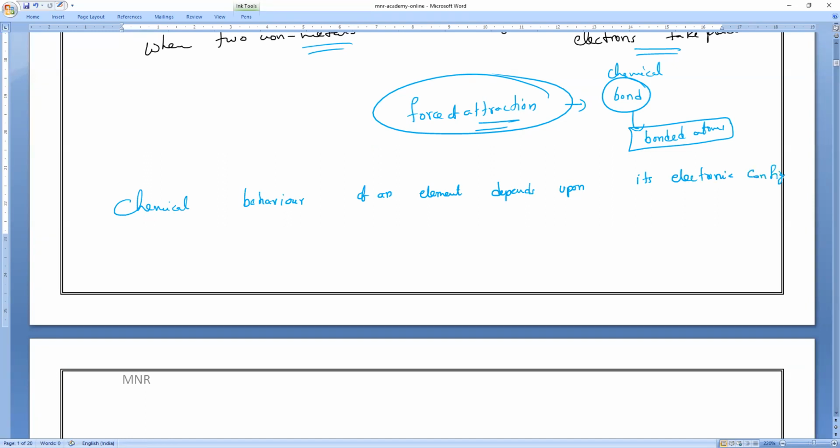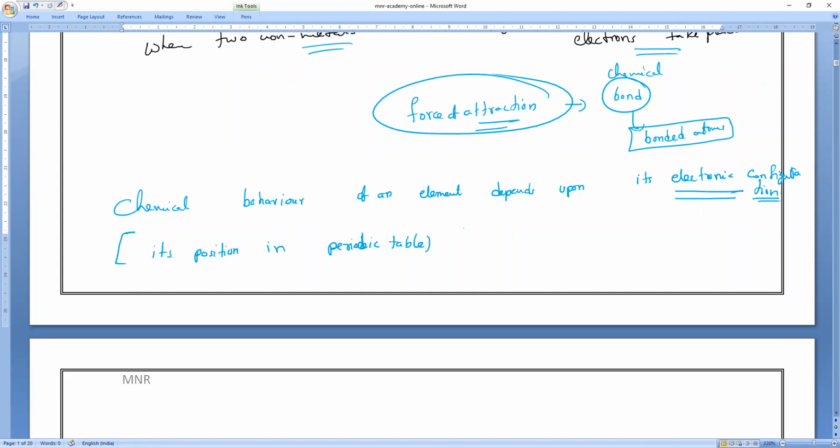Write it: electronic configuration. What does it mean? It is the element's position in the periodic table.